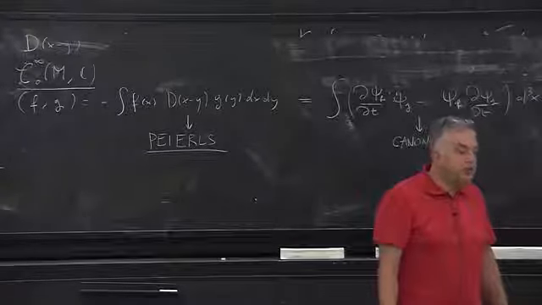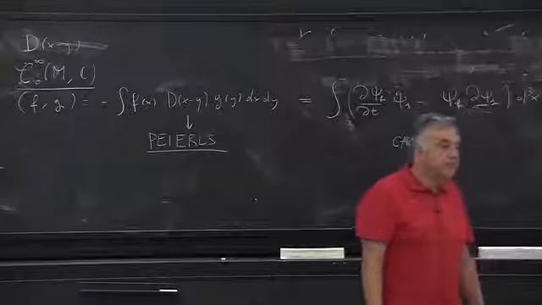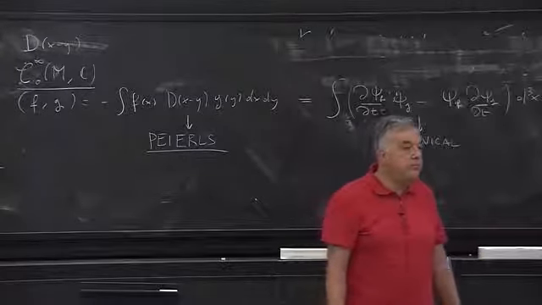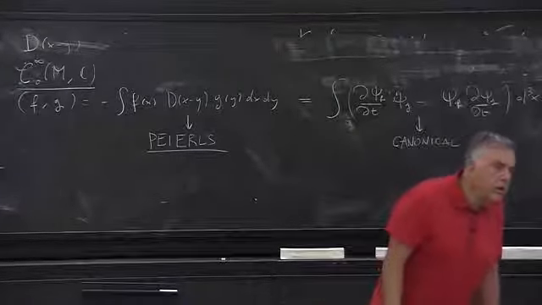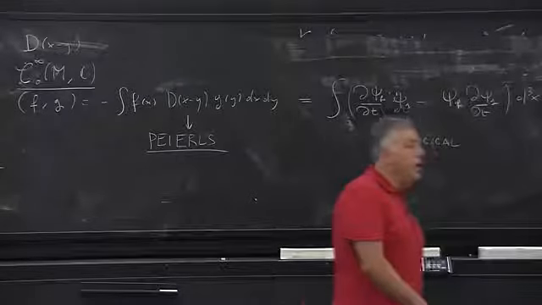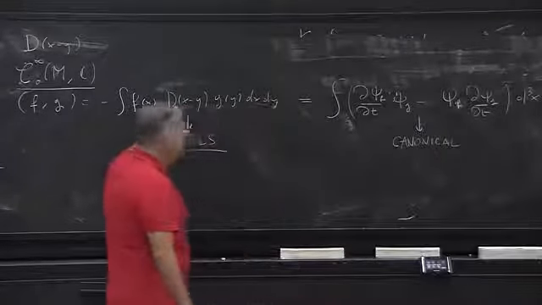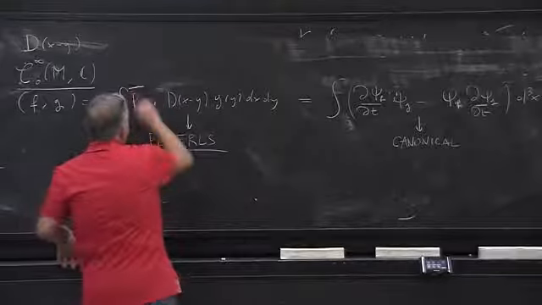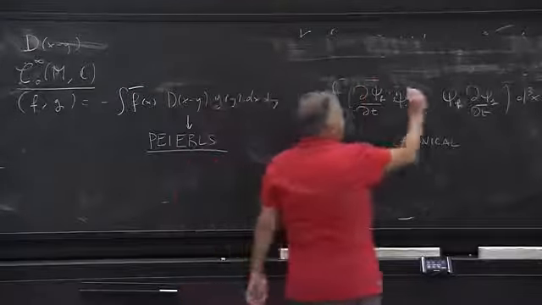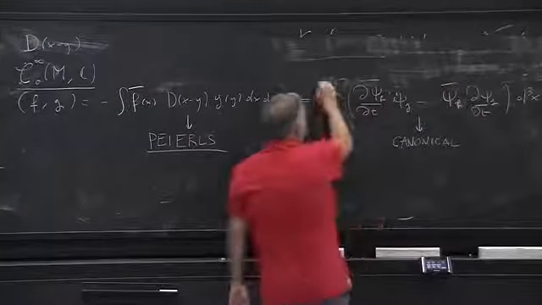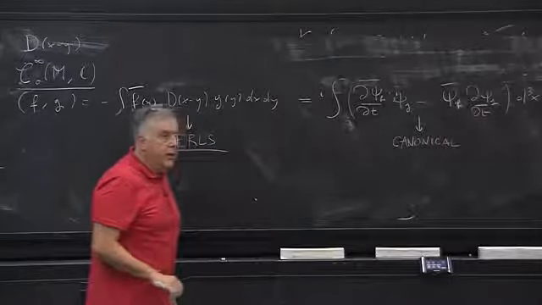Compactly supported initial data. Yes, but the functions have complex values. Excuse me? But the functions take complex values, right? Can be real or complex. For the moment, here I'm discussing real. Then when I put here complex conjugate, we get some I here. Okay.